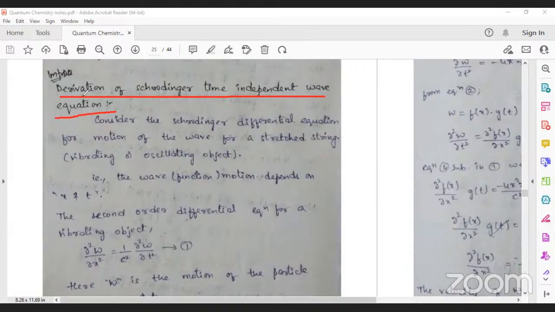If you understand the Schrodinger wave equation, it will be easy to understand the further topics. Just 10 to 15 minutes is enough to complete this derivation part. You people may concentrate. Overall, I will conclude this Schrodinger derivation simply.